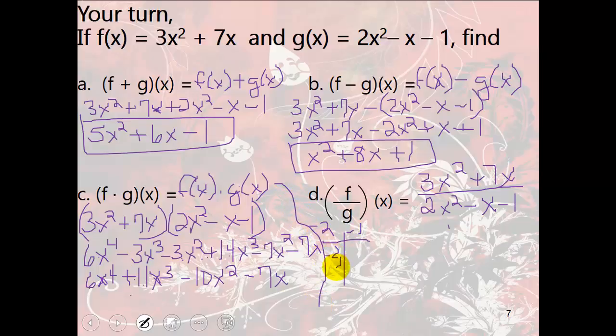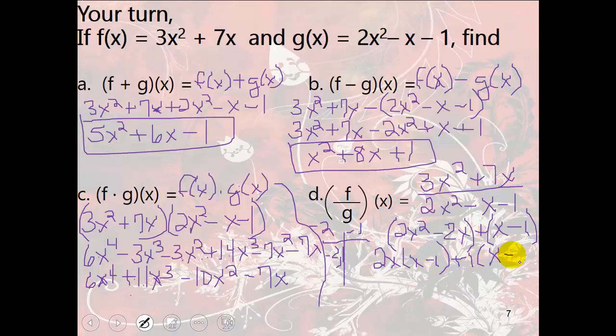So I'm going to get 2x squared minus 2x plus x minus 1. I'm going to group and factor. So I get 2x, and that gives me x minus 1 plus 1, x minus 1.